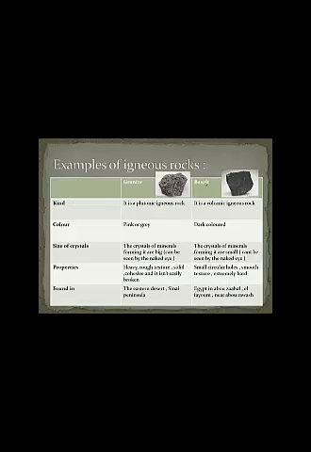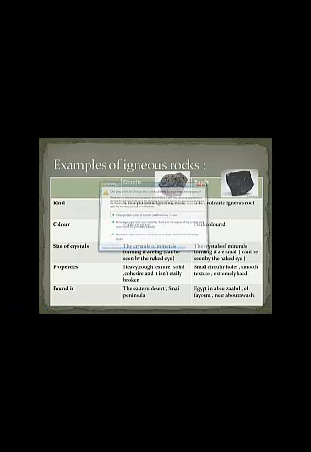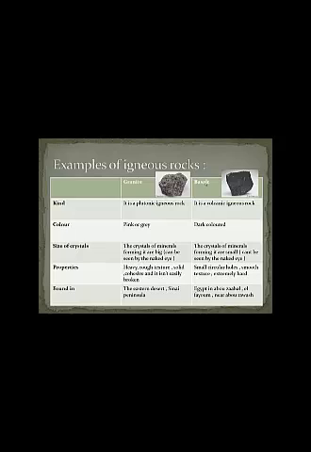There are some examples of igneous rock: granite and basalt. Granite is a plutonic igneous rock, but basalt is a volcanic igneous rock.